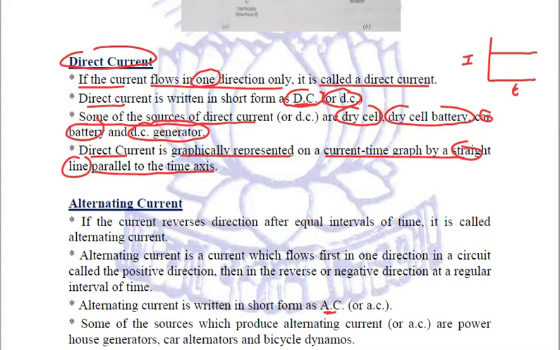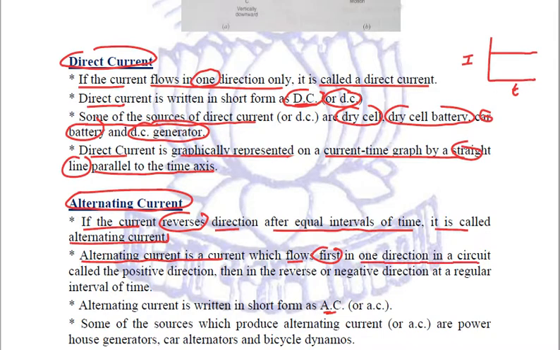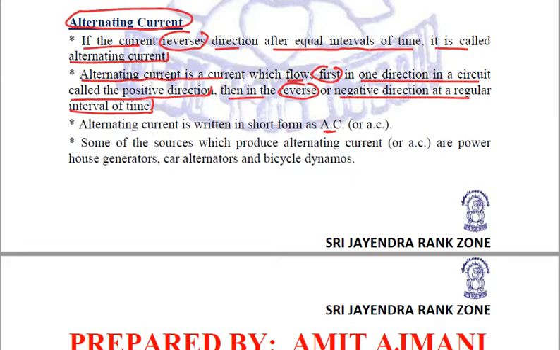Clear? Now, what is alternating current? If the current reverses its direction after equal intervals of time, it is called alternating current. This is a current which flows first in one direction in a circuit, called the positive direction, then in the reverse or negative direction at a regular interval of time. Alternating current is written as AC in capital or in small with a dot, otherwise it would have been air conditioner, right?